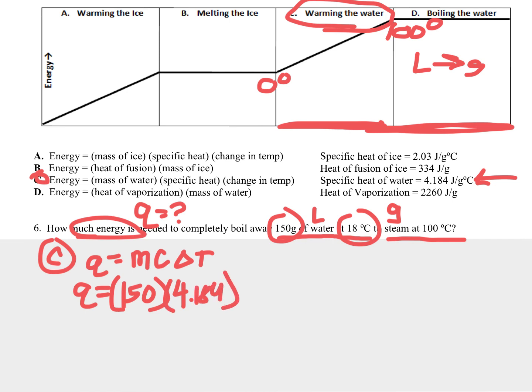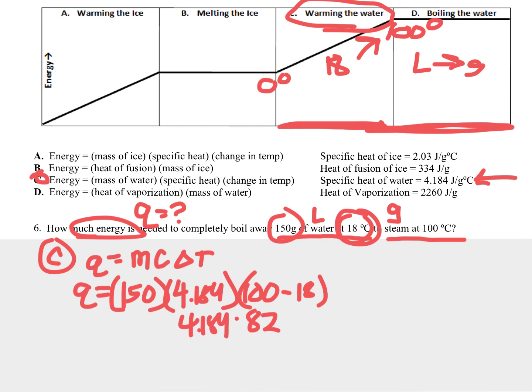And then our change in temperature, this is the part that people goof up a lot about. Now remember, it's at 18 degrees, but in this box C, it can only go up to 100. So that means that the final temperature in box C is going to be 100, and the starting temperature was 18. Okay, now that we know that, 100 minus 18 is going to be 82. So that's going to be 82 times 4.184 times 150.